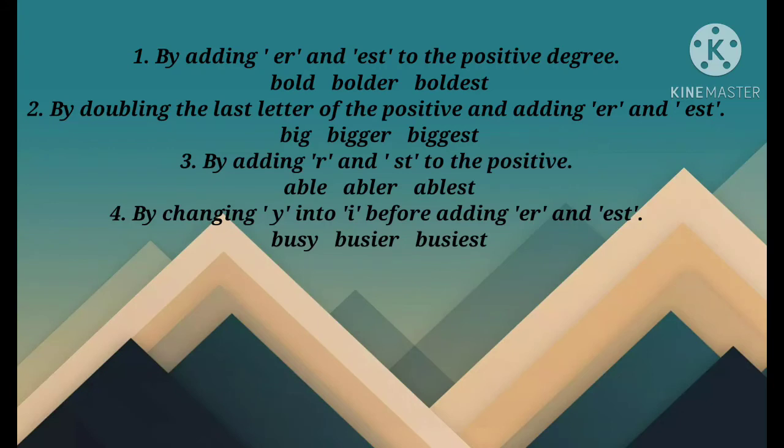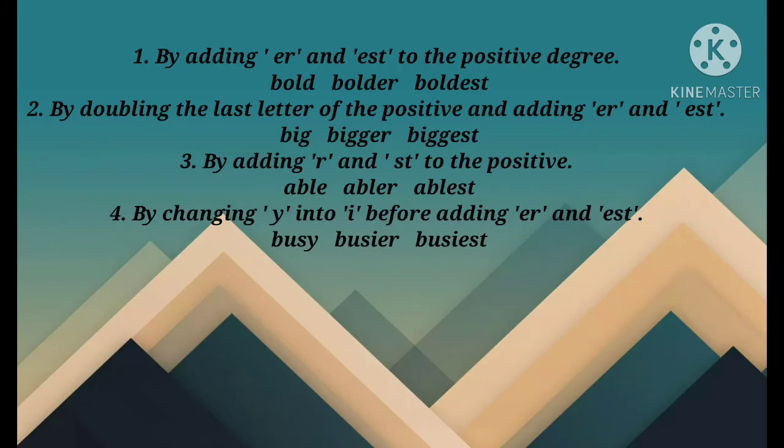The next point, by changing Y into I before adding ER or EST. See, if the words end with Y, what do we have to do? We will remove Y and put IER in the comparative degree and IEST in the superlative degree.